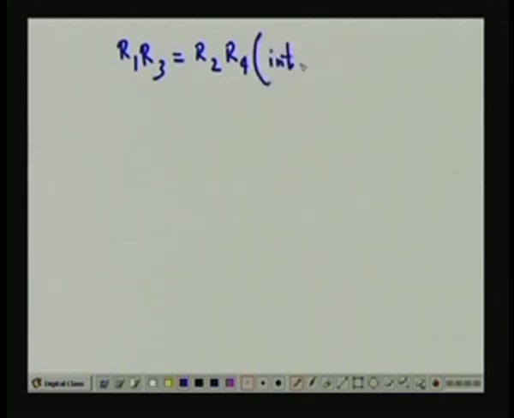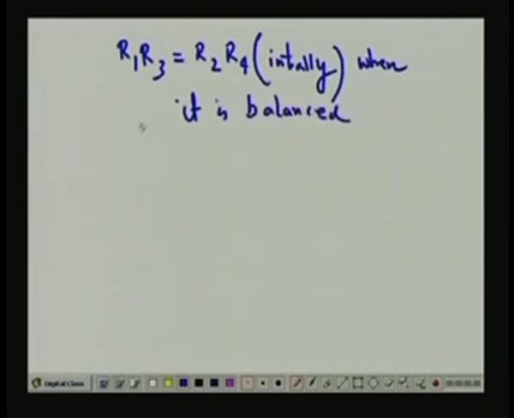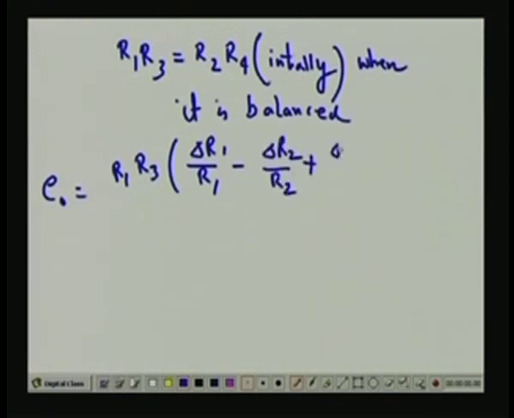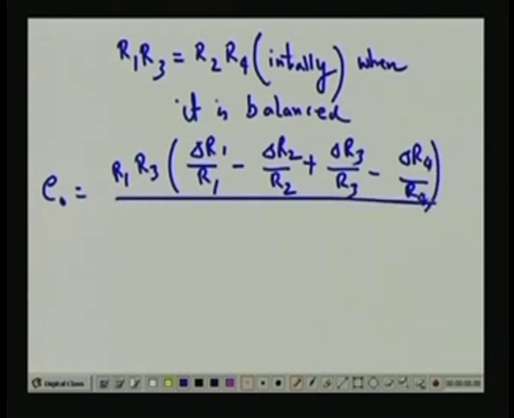When the bridge is balanced, I can write the expression for output E naught equal to R1 R3 into delta R1 by R1 minus delta R2 by R2 plus delta R3 by R3 minus delta R4 by R4, upon R1 plus R2 multiplied by R3 plus R4.